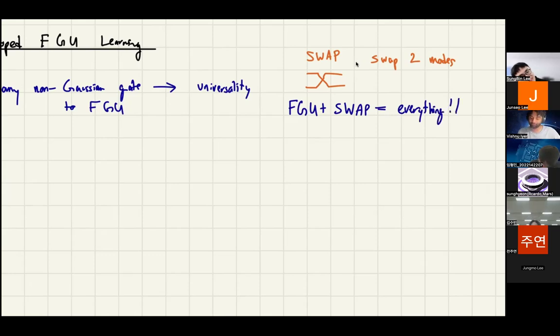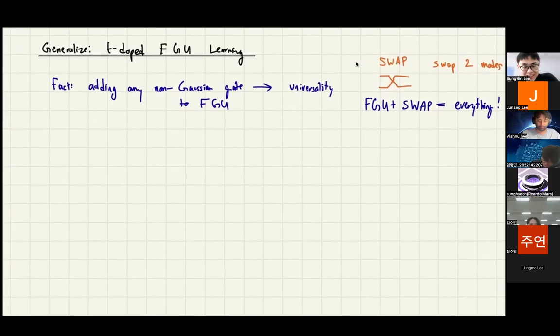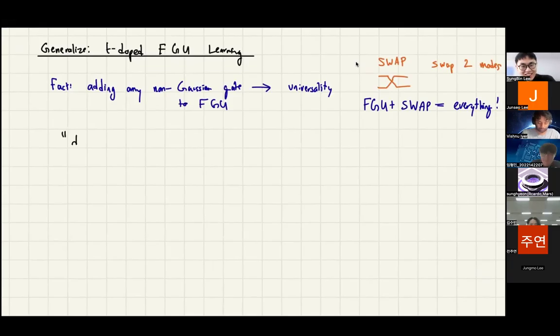You can get everything from this, by just taking a fermionic Gaussian unitary and putting in a swap gate. And this is called doping.